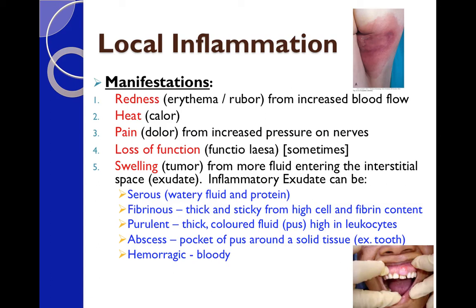Purulent is the pus fluid, so it's thick and yellow colored, and it has a high content of leukocytes, which is what gives it its coloration. An abscess is a pocket around a solid mass, and you're probably familiar with a tooth abscess. Anything that contains bloody exudate is hemorrhagic.